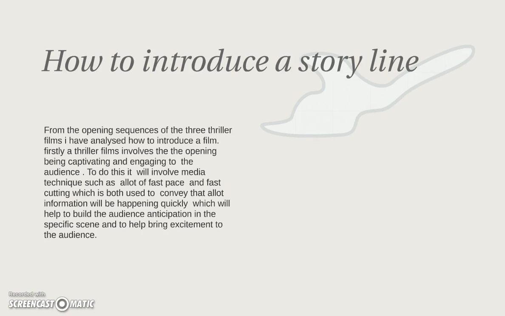We're going to make sure that we can interlink them, but that the change is noticeable for the audience, so they are more interested in the different scenes throughout our film trailer.